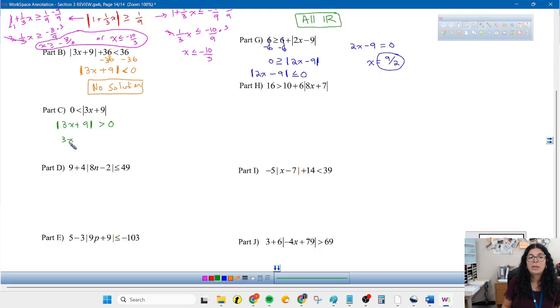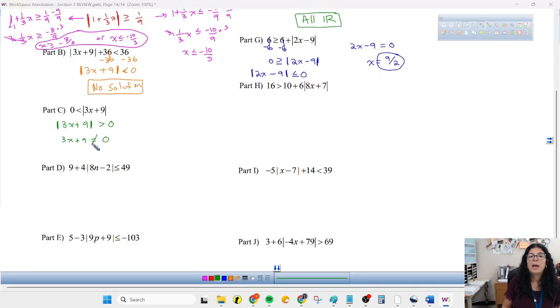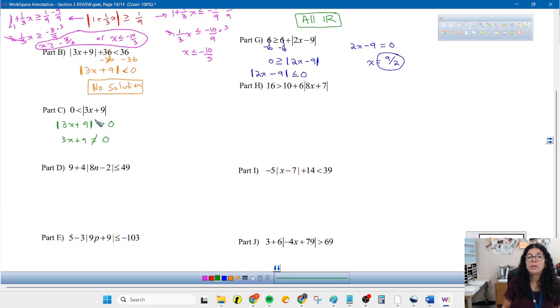Because if 3x plus 9 is equal to 0, then that would not meet the criteria, because 0 greater than 0 would not make that statement true, and will be the only case that is a number that would not be a solution. All other numbers will be a solution. So this is going to be all real numbers, with the exception that x not be negative 9 over 3, which would be negative 3.